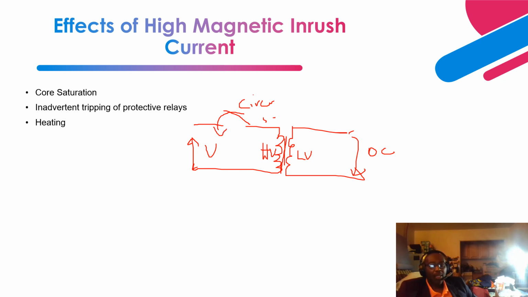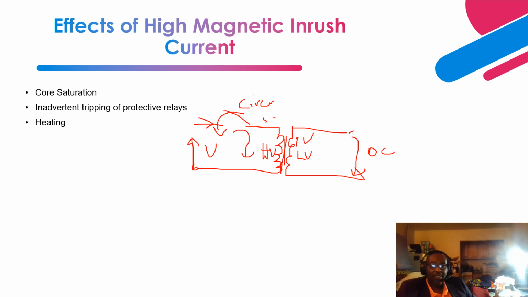So as we energize this transformer, current is going to flow through the core, and it's going to create an electromagnetic field that links the windings of the low voltage side and creates another voltage here.